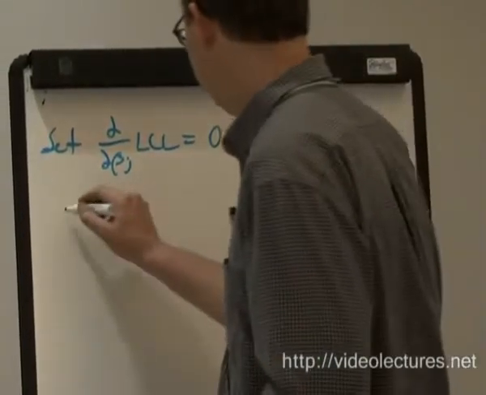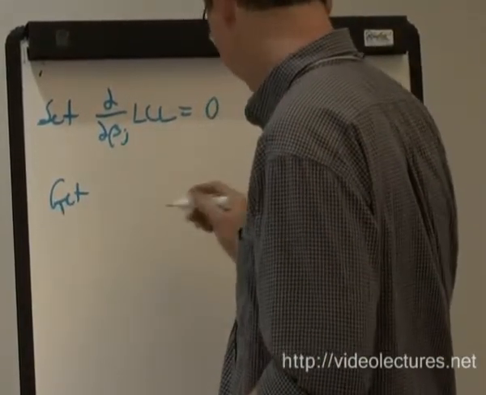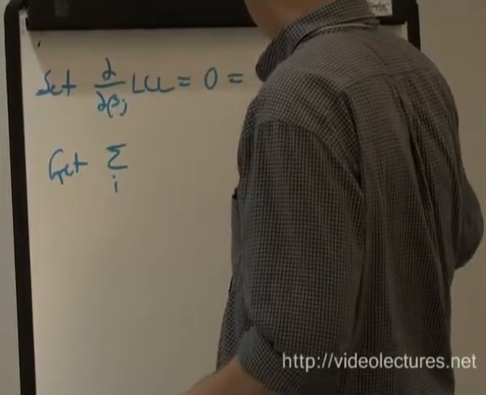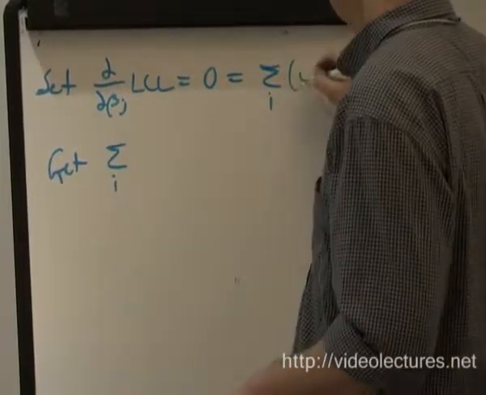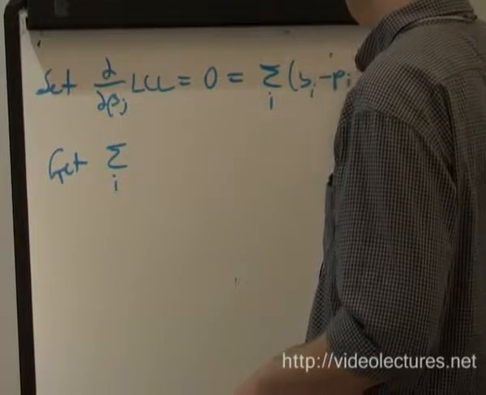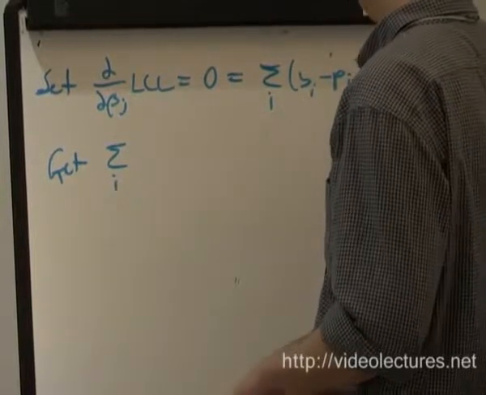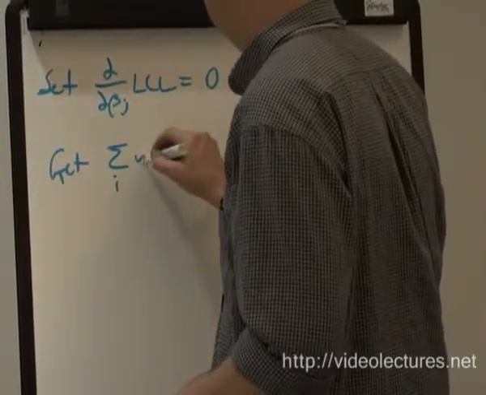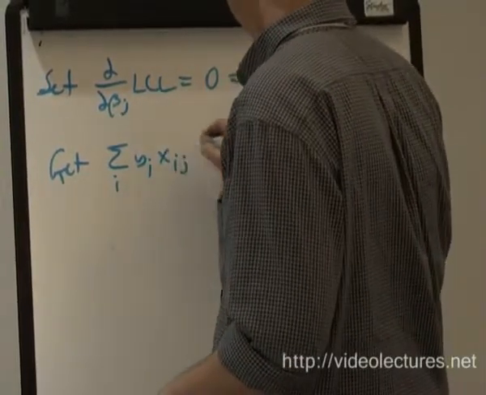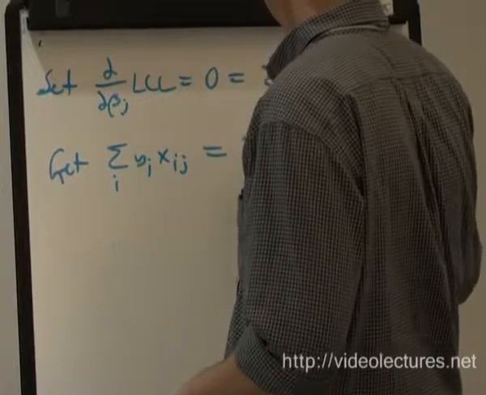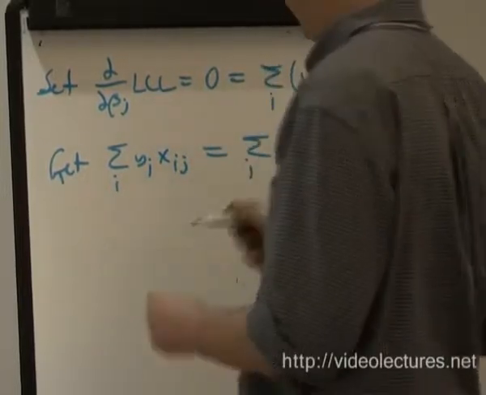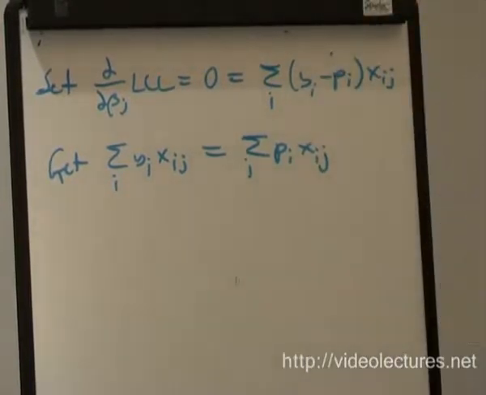What do we get? This is the sum over i of yi minus pi times xij. So we get the sum over i of yi xij equals the sum over i of pi xij.